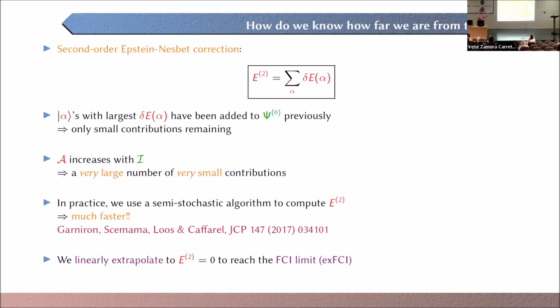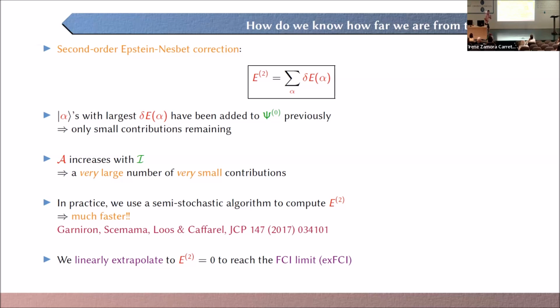So we need an indicator to know how far we are from the full CI limit. And this indicator is actually very natural in that case: we look at the second order energy. The determinants that we haven't taken with us, the rest of the group, we sum all their energies and look at the second order energy that remains.